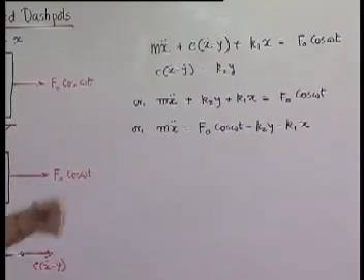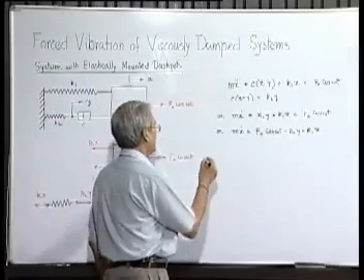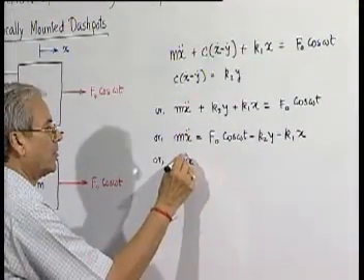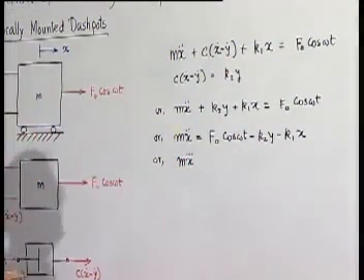Now we differentiate both sides of the equation with time once more. So, it becomes now m x triple dot.